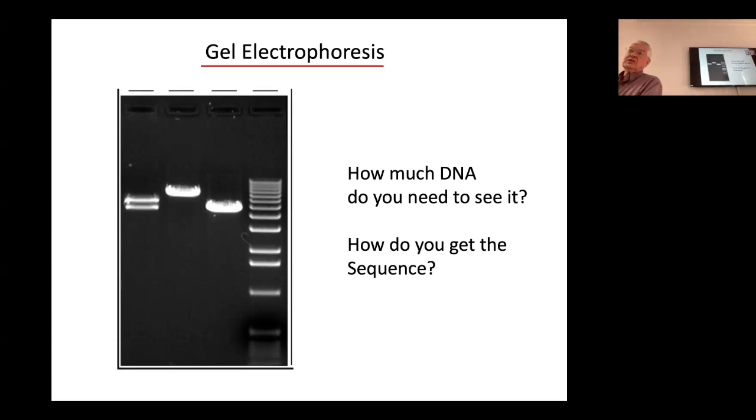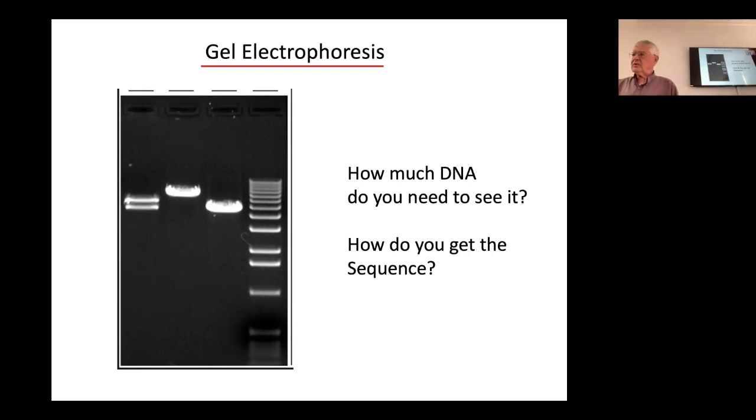And you have a little well cut in the Jello, and you load your sample in there, and then you put an electric field across it. And the DNA will move through the gelatin layer. The small pieces will move very quickly. The big ones will keep bumping into the molecules that form the gelatin, and so they will be separated by size. Then to do something like this typically takes about an hour.